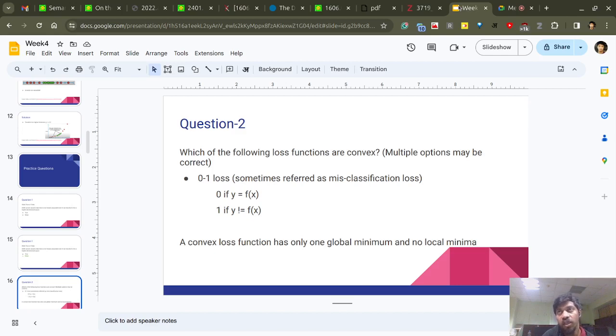Another way to find it is to take the second derivative of the loss; it should be 0 or positive. If it is negative, then it is not convex. In this case, we cannot take a second order derivative of 0 1 loss, so that is basically not a convex function.